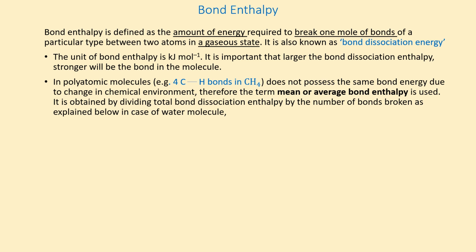It is obtained by dividing total bond dissociation enthalpy by the number of bonds broken, as explained below in the case of a water molecule. Thus, the average bond enthalpy for a water molecule is given by 502 plus 427 divided by 2, that is equal to 464.5 kilojoules.